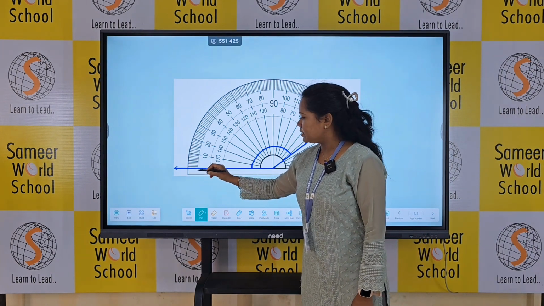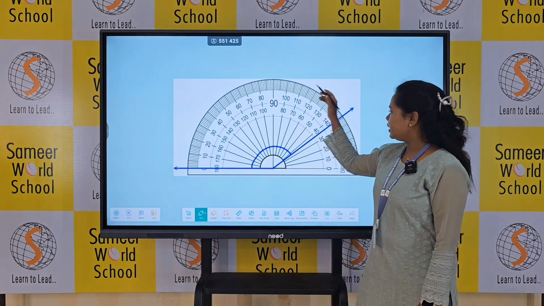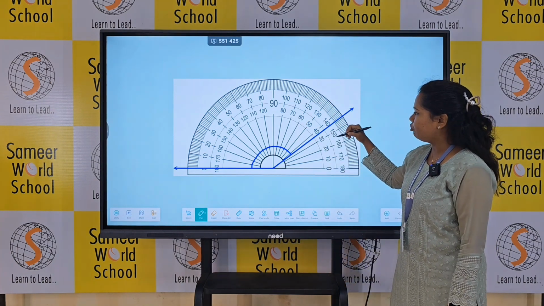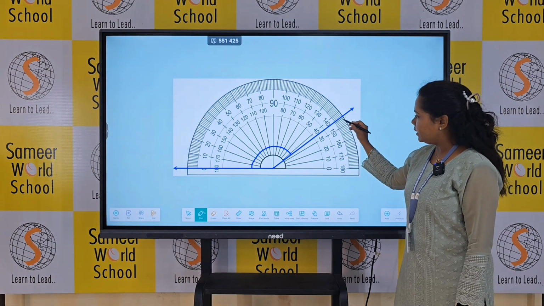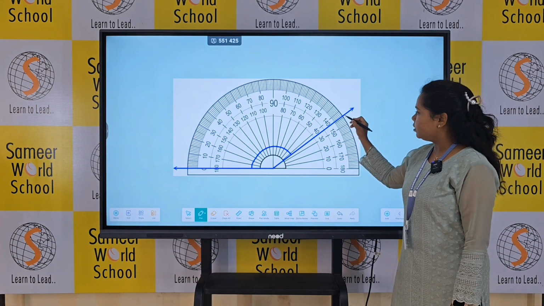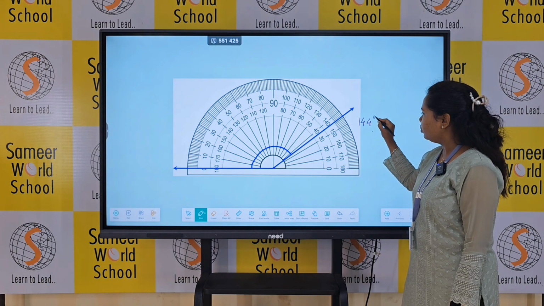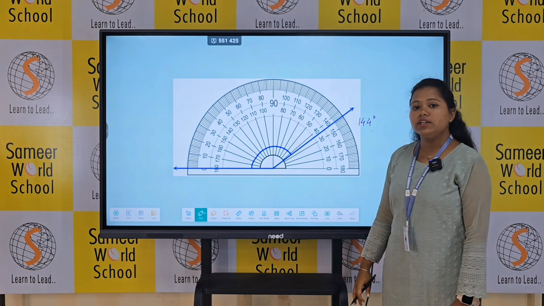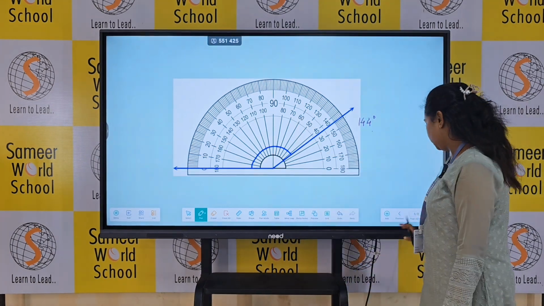If you start measuring the angle with the help of the protractor, we can see after the 140, it is just covering 4 lines. The dark fifth line is not covered. So it means the angle measurement is 144 degree. These are the different angles which we can measure with the help of a protractor.